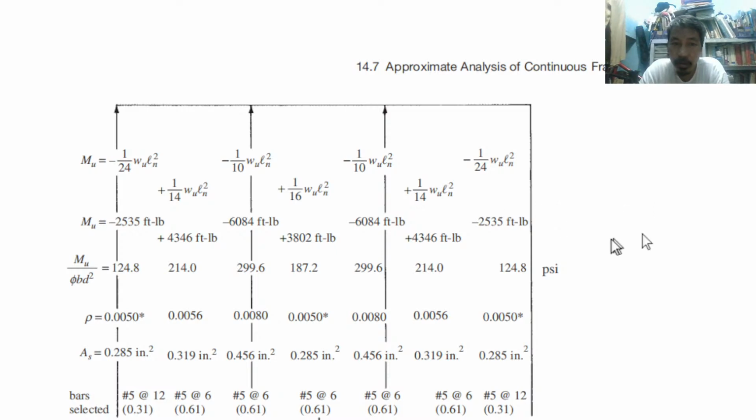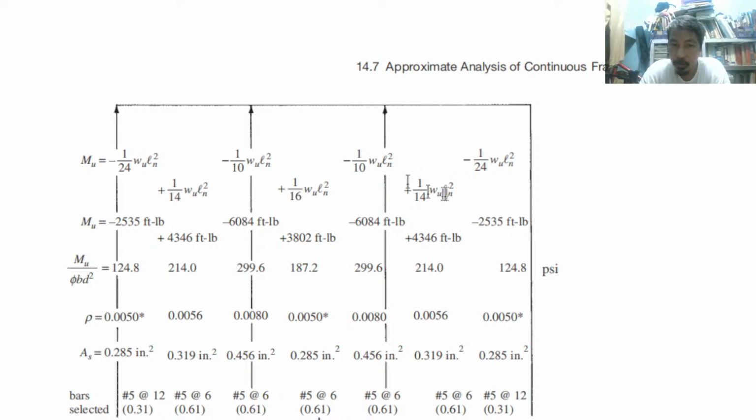So what are those? So let us have the interior. Interior is 1/16. Then the end span 1/14, with integral beam and slab.